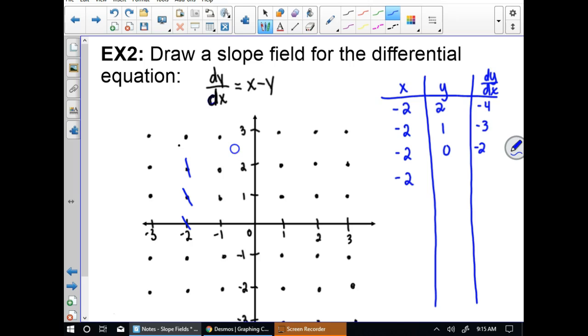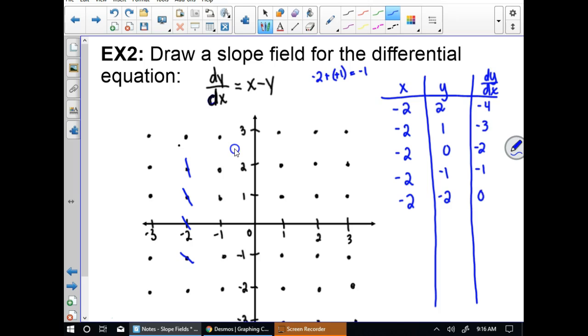What about -2, -1? This time we'll have -2 minus -1, which really becomes like a plus. So -1. And so that has a slope like this. What about -2, -2? That one's 0.